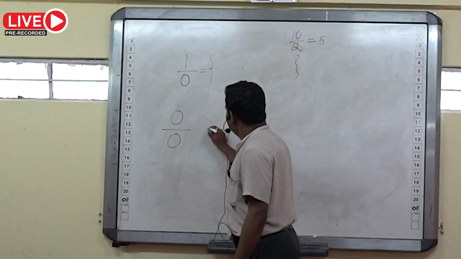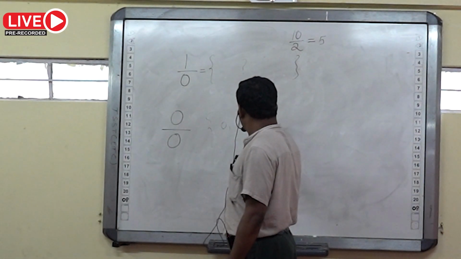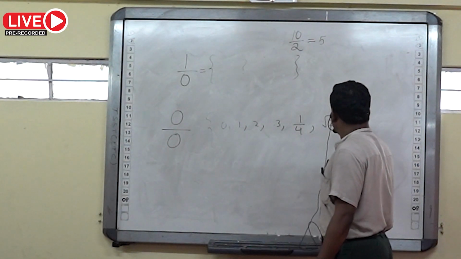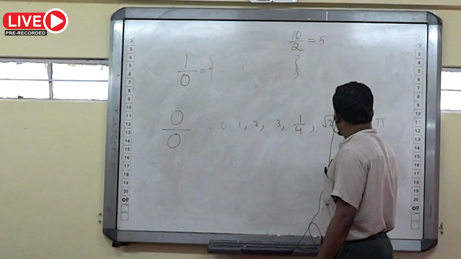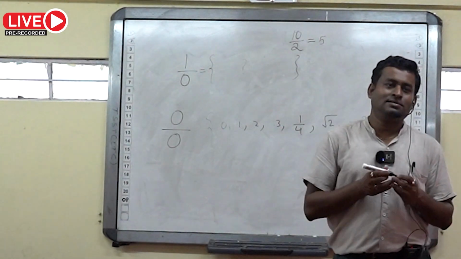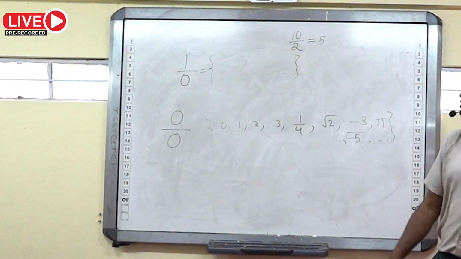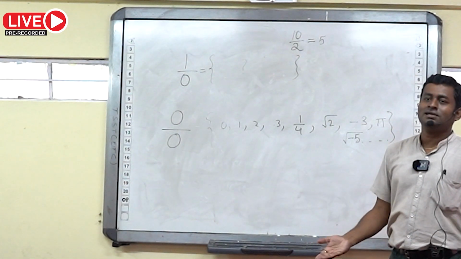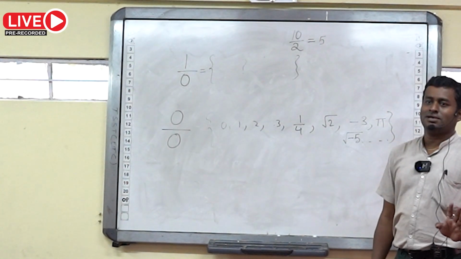Second case, I can write 0, I can write 1, 2, 3, 1 by 4, root 2, minus 3, pi, root over minus 5, and the numbers will not end. Like the food will not end, but you cannot decide which one to take first. So in the first one, there is nothing, that's why it is undefined. In the second one, there is everything, there is no unique choice. So that's why it is also undefined.